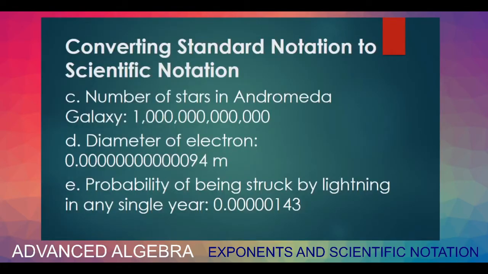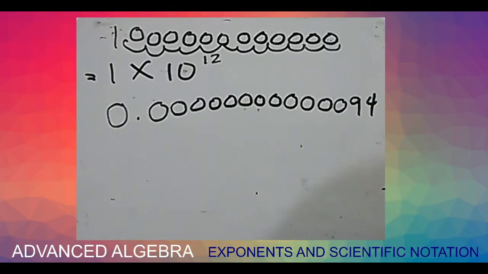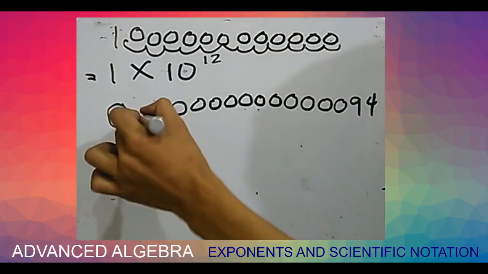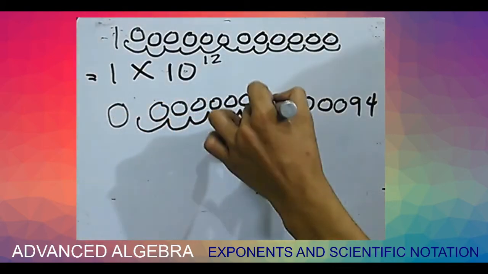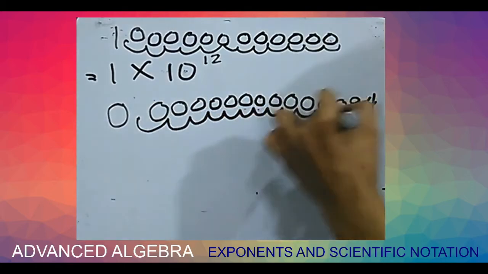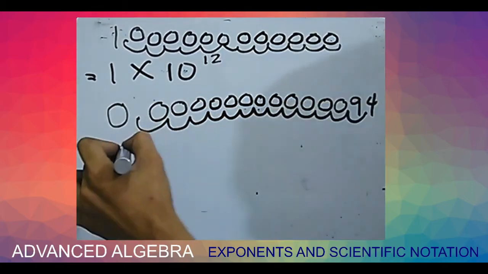Sulat ulit natin yung given kanina. Diameter of electron. 0.0000000000009. Mag-move tayo. 1, 2, 3, 4, 5, 6, 7, 8, 9, 10, 11, 12, 13.